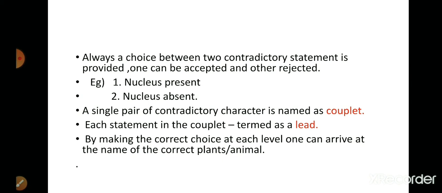For example, you find a unicellular organism. They have two options: nucleus is present and nucleus is absent.